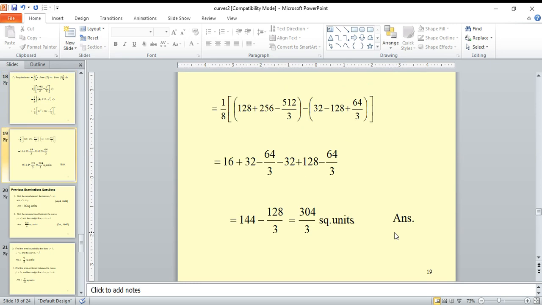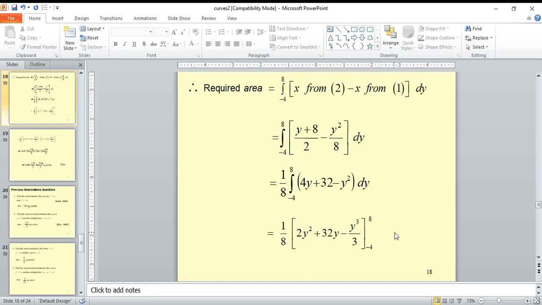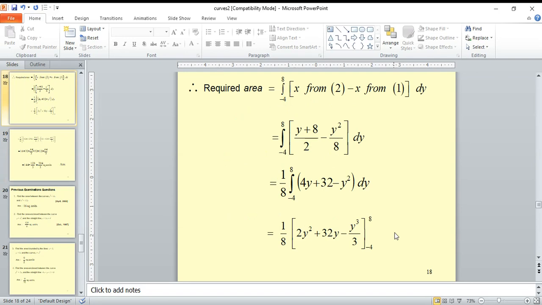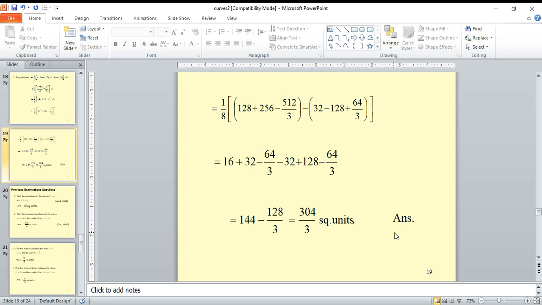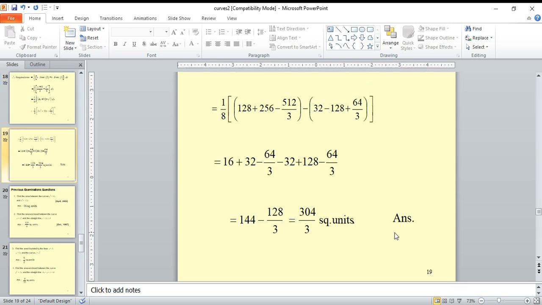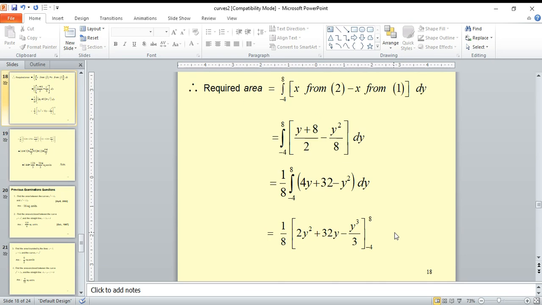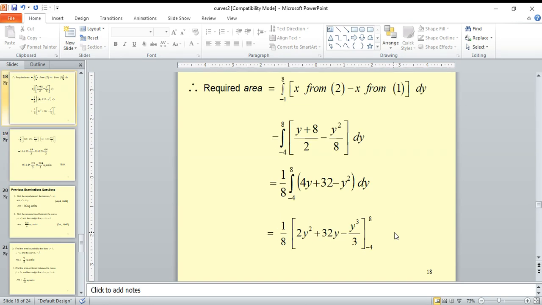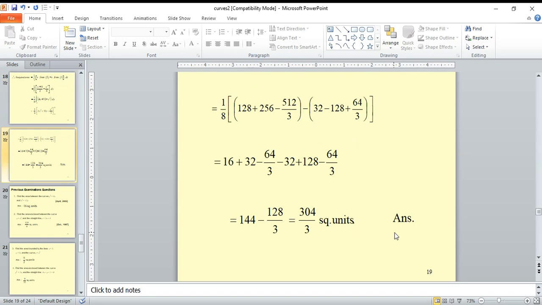That will give 1 by 8 into 8 square is 64, twos are 128, plus 32 into 8, 32 eights are 256, minus 8 cubes are 512 by 3, minus 2 into 4 square, 16 twos are 32, minus 32 into 4, so plus 32 into minus 4, minus 128, plus 4 cube by 3, minus 4 cube, 64 by 3.